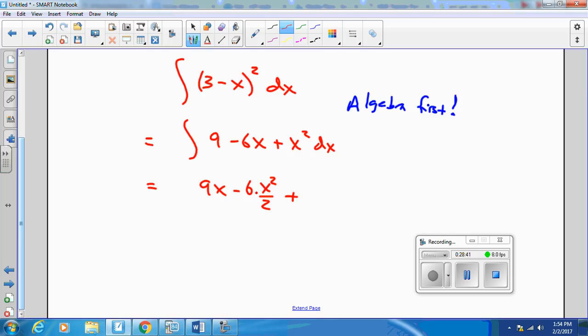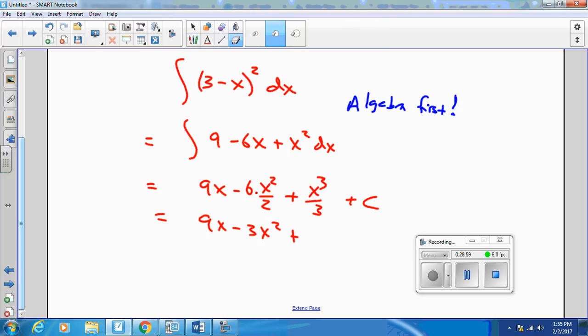Or plus x cubed over 2. So then the plus c. Very good. And then you can simplify, and I usually write the coefficients as fractions, like that. Good. Okay. Let's try another.